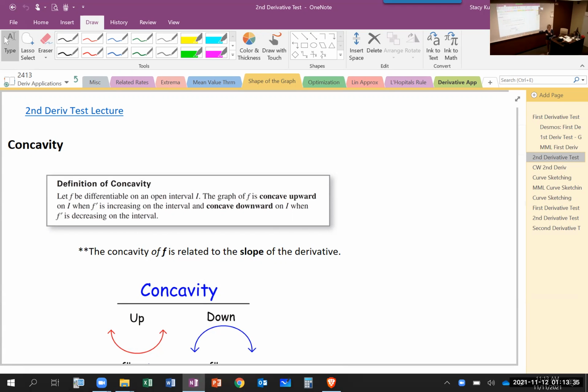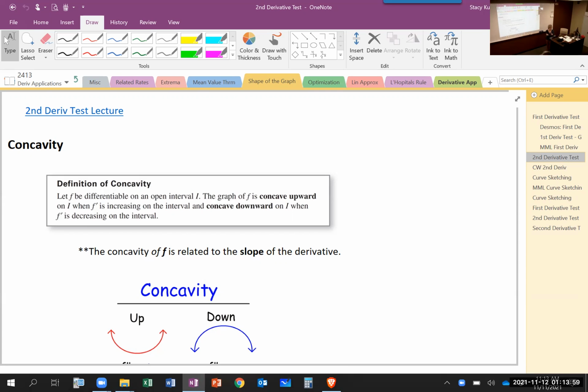So we talked about the first derivative test yesterday, or taking the first derivative. When we take the first derivative, what does it tell us about the function? It does two things. When we take the first derivative, we know what is happening to the function.